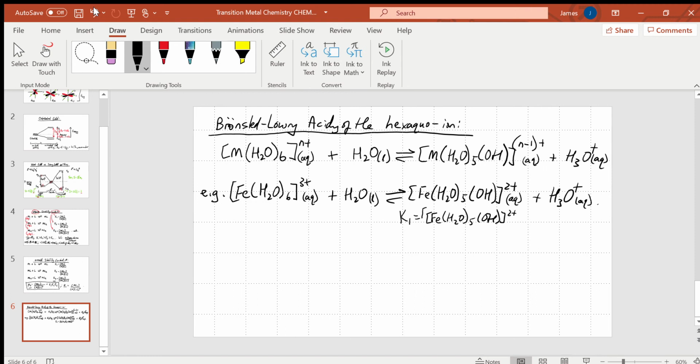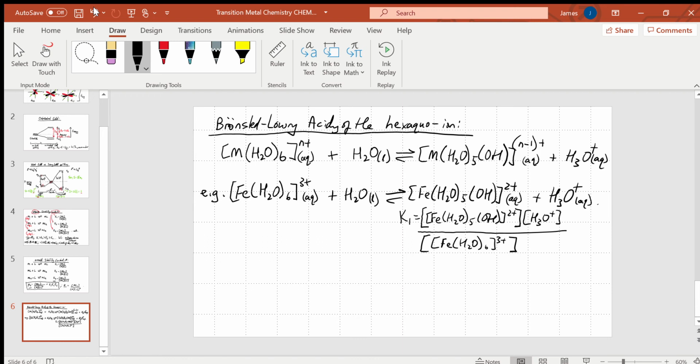We'd have to put the whole of that in square brackets. Then we'd have hydronium, and we'd have to divide that by the original compound, with the whole of that in square brackets. We ignore water because it's a liquid. Let's say that K1 would have a value.